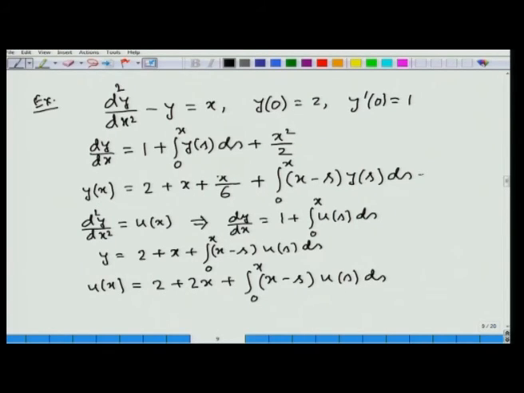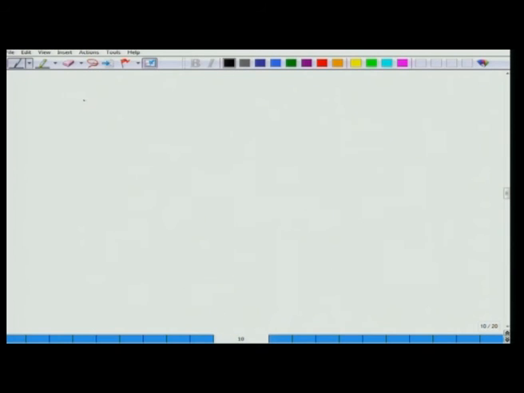Call it 1 and call it 2. This is the integral equation in terms of the unknown function y, and this is the integral equation in terms of u(x), where u is the second derivative of y. For the given ordinary differential equation, if you solve it, you can find the solution y(x) equal to 2 e to the power x minus x.